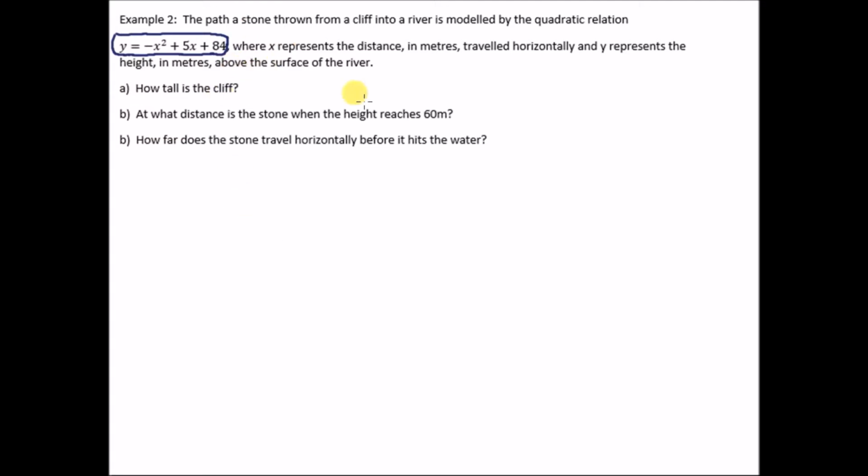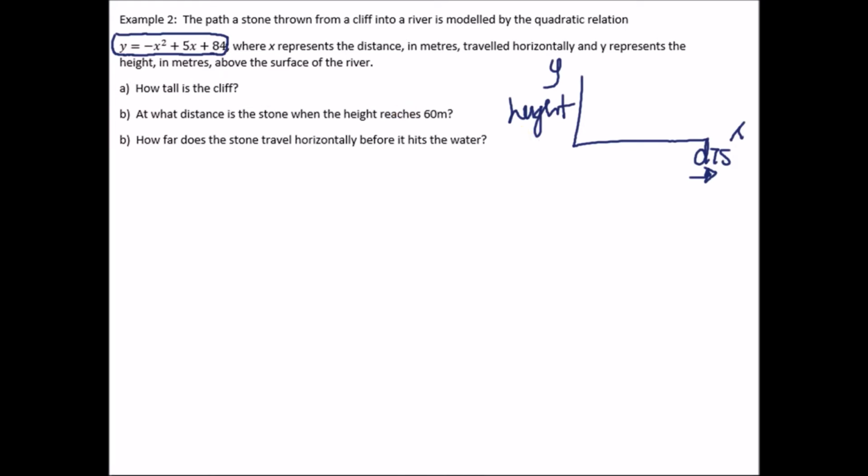So x represents the distance in meters traveled horizontally, so this is the horizontal distance, and y represents the height above the surface of the water.